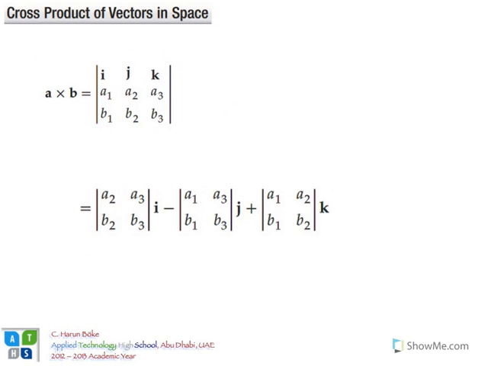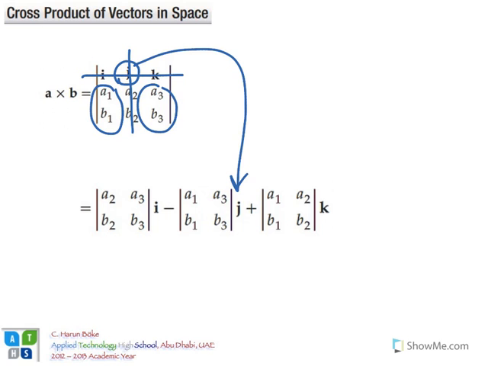Then I cancel the first row and the second column. The intersection is J, which I write here, and what is left are two columns which I write here respectively to get a 2 by 2 determinant.